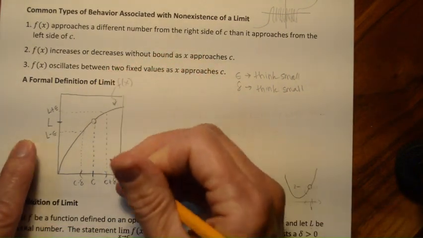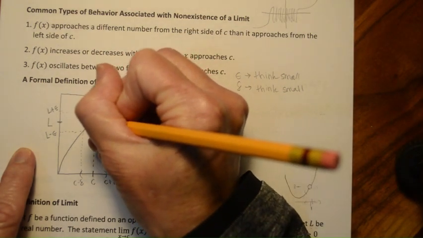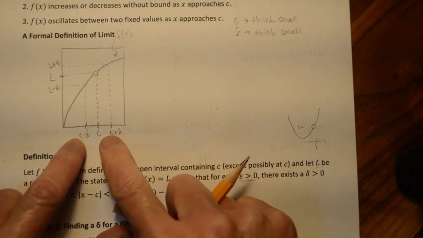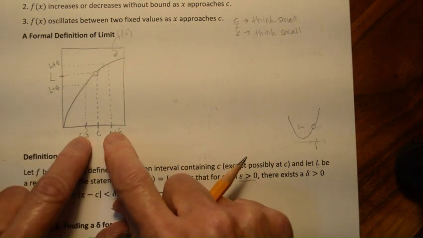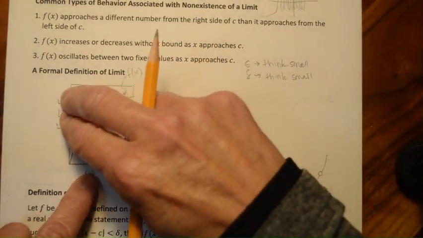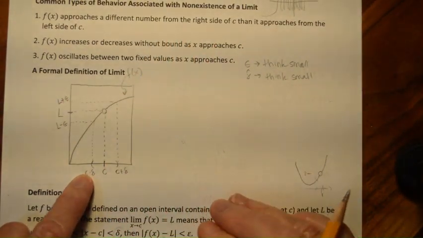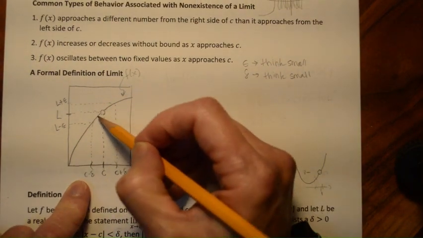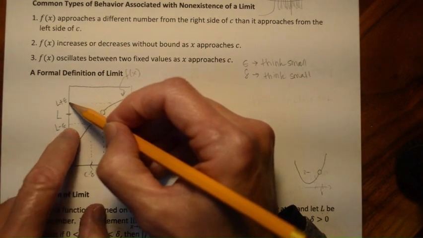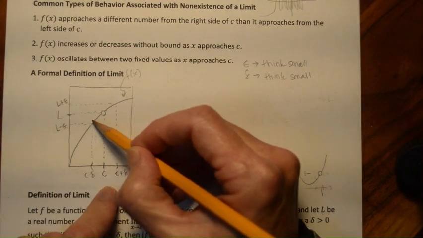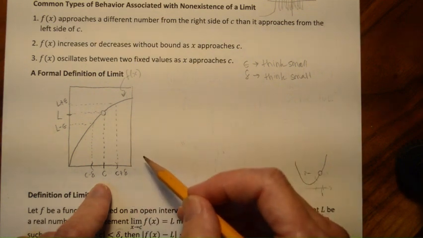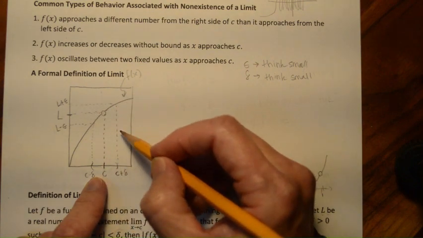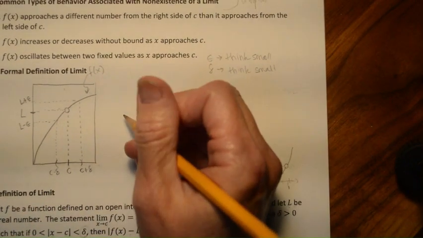This is where it hits the graph, or it appears that it would hit the graph, and this is the value of L. As soon as I'm within a little bubble, delta wide on either side around c, then I must be in a little tiny epsilon window around L, so I'm just really, really close to it. As I get closer and closer, this window is so tiny that it's just going to be really close to whatever that value is. I can't be approaching c and have it end up somewhere around here. That's outside the window.